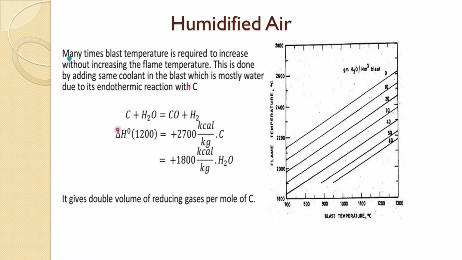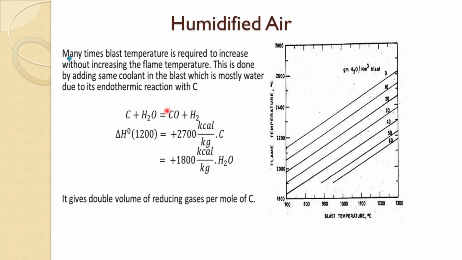other problems also come. So, usually what you do is put this water in the stove when you are sending the cold air. During that time you do it, and with that you humidify it and it comes, and from this you can see you are really getting double the volume of the reducing gases, CO and hydrogen, when you put the water in.